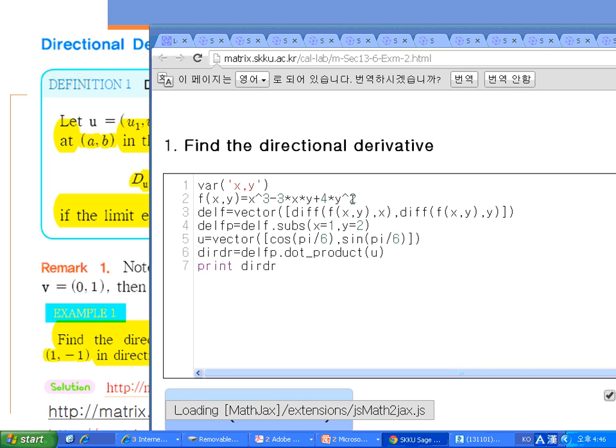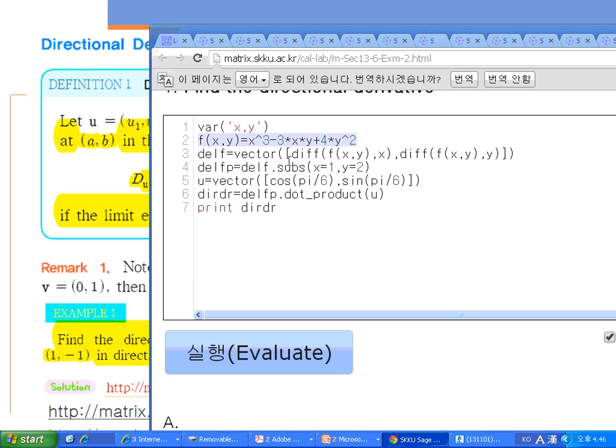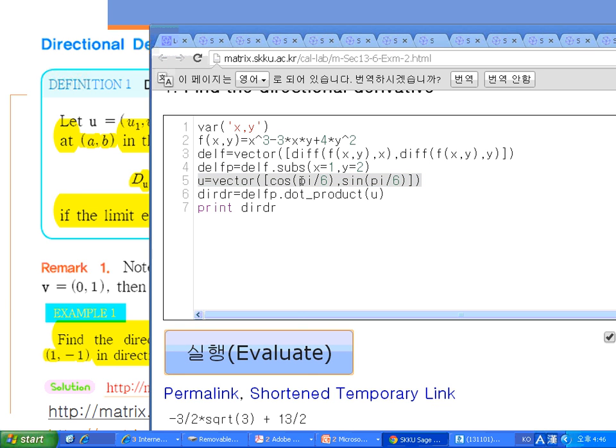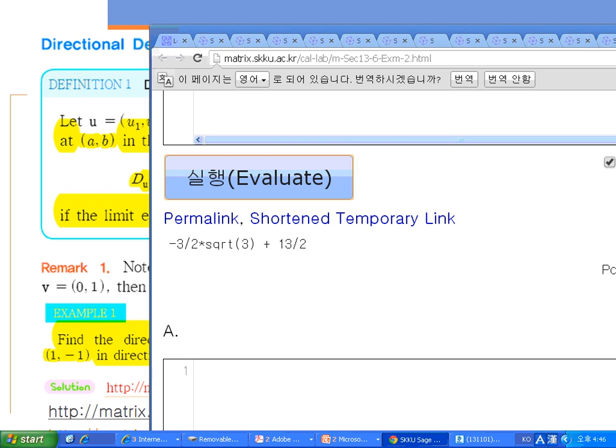For example, if we have a function like this, a point at (1, 2), and the unit vector is (cosine pi over 6, sine pi over 6), then what is the directional derivative of that function at this point in this direction? This is it.